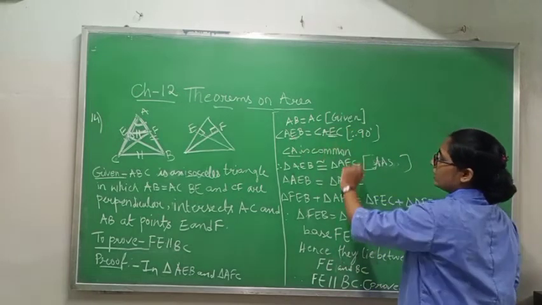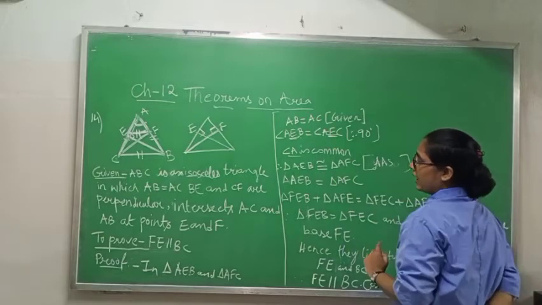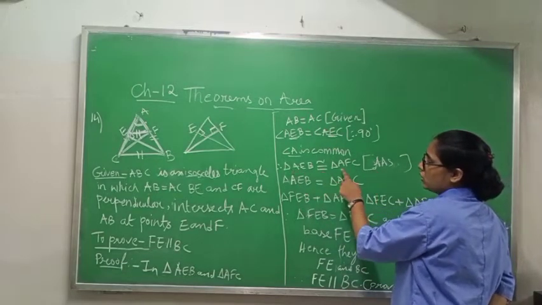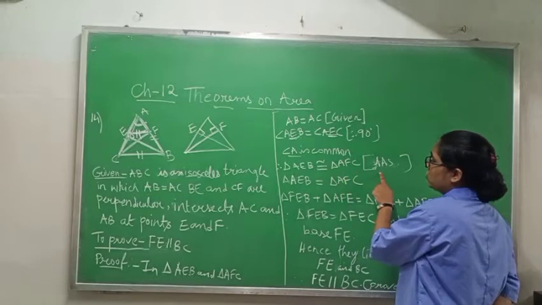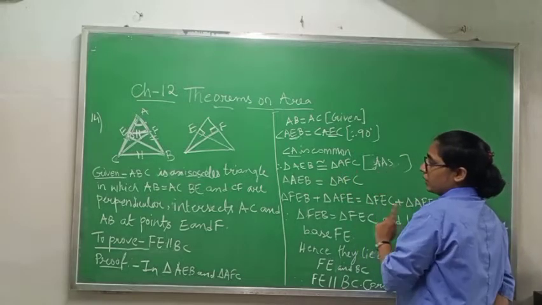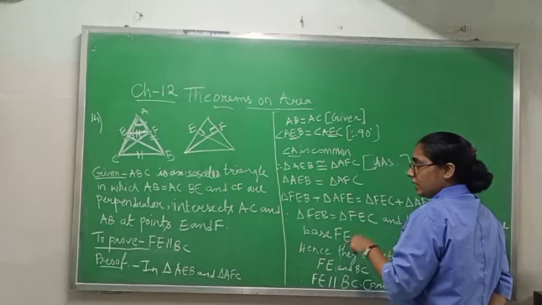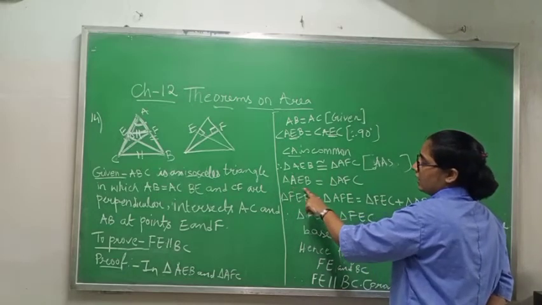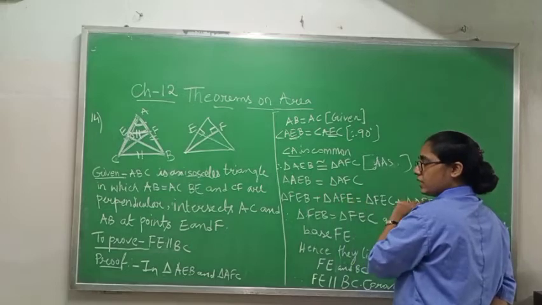So two angles and one side, AB equals AC. So what you will write? Triangle AEB is congruent to triangle AFC by the angle side property. If these two are congruent, it means that their areas are equal also. That is why I have written triangle AEB equals triangle AFC.